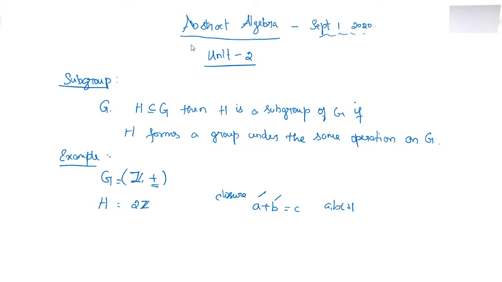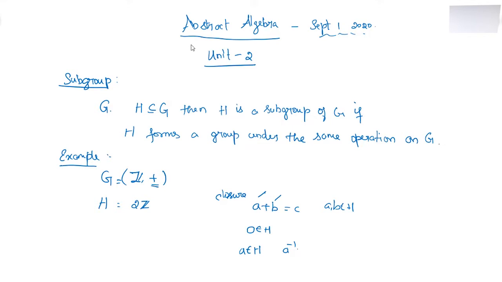Next, associative. Since it is under plus, associativity will be satisfied. Third condition, identity. 0 is the identity element, and 0 is an even number. Therefore, 0 belongs to H. And inverse. Let A belong to H, we have to find its inverse, A inverse.